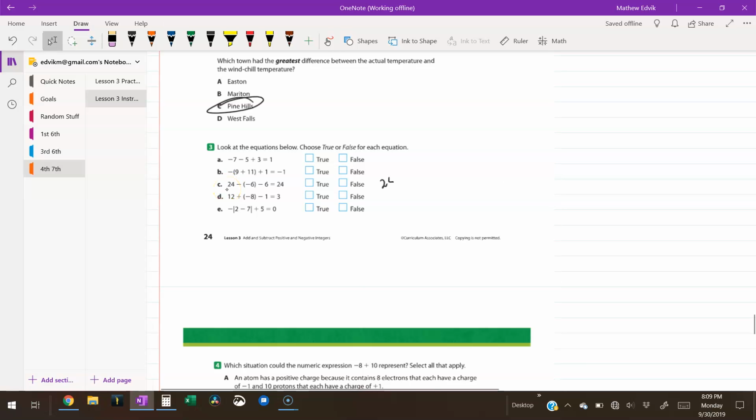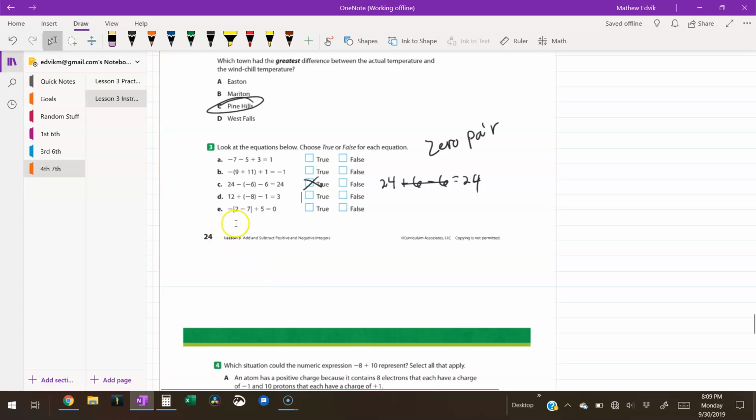So we go 24 plus 6 minus 6, okay, equals 24. So is this true or false? Well, if we have plus 6 minus 6, we call those, remember, a zero pair. And so those equal 0. So 24 does equal 24. So that one's true.